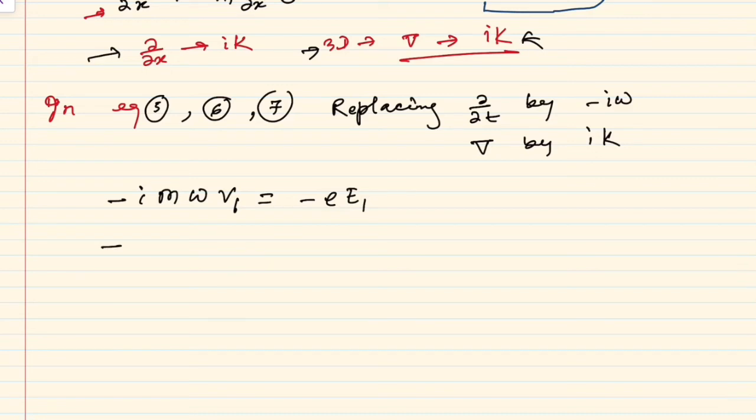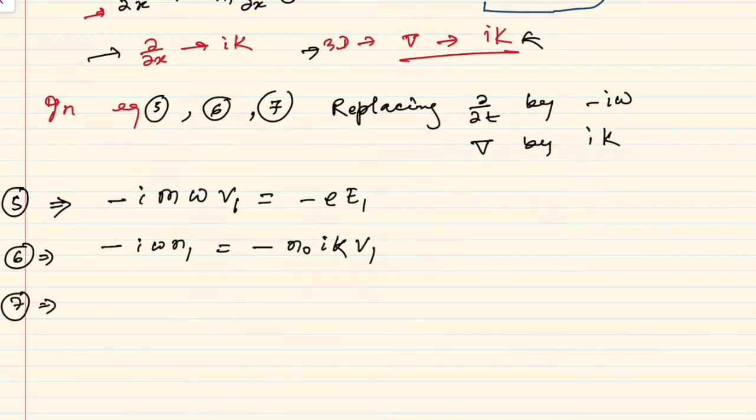Then we have got this one from 5, and from 6 we have got minus iω n1 is equal to n0 ik v1, and from 7 we will get ik ε0 E1 is equal to minus e n1.